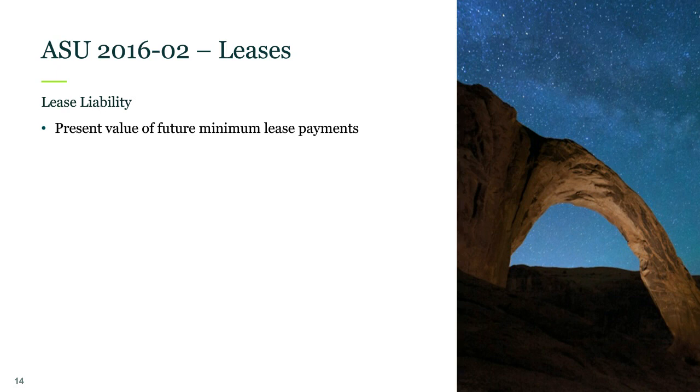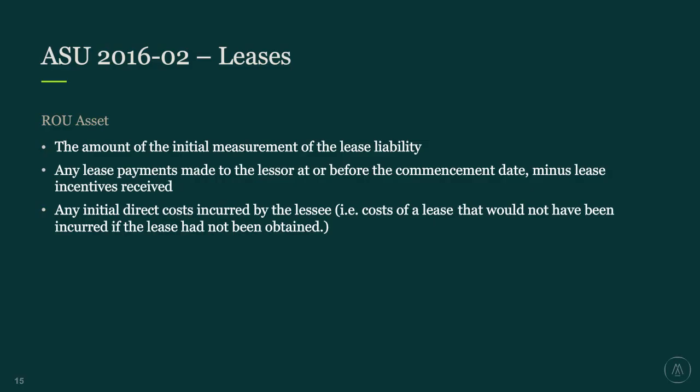And then the asset is similar. You start with the amount of the liability, and then you add any initial direct costs or subtract any incentives you received. So essentially your liability plus your out-of-pocket cost to get that lease, that's what you end up capitalizing as the asset on your books.